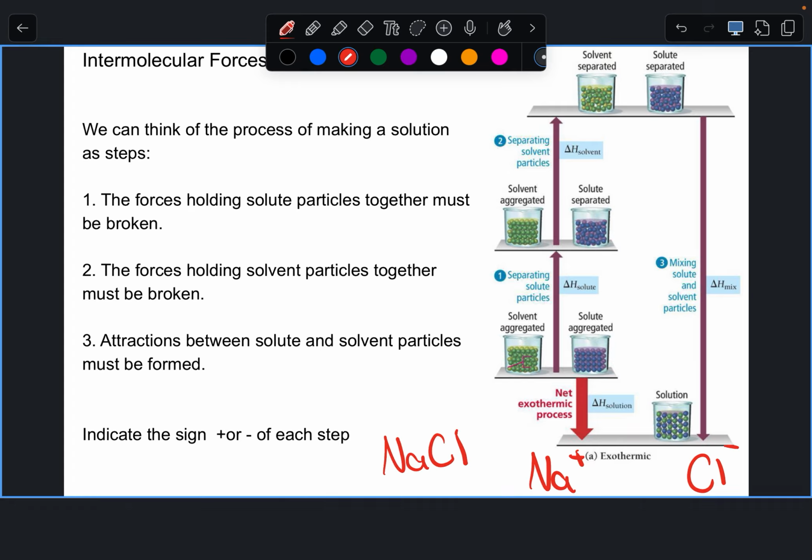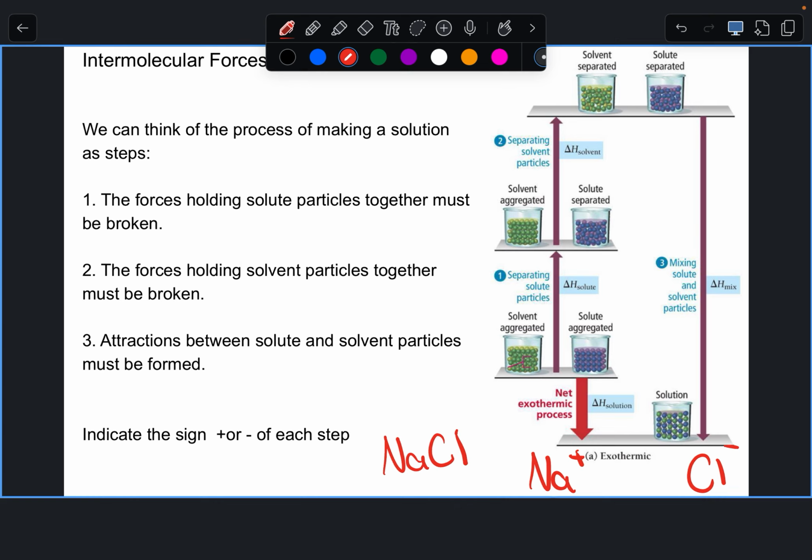Remember, anytime we have two things attracted to each other, and the primary attractions that things have in chemistry is positive and negative, whether that's a nucleus and an electron, or two ions, or two things that have partial charges. It's all about the positive and negative, right? So we have a positive and a negative that are attracted to each other. Think of a strong magnet, and we have to pull them apart. That takes energy, right? So that first step, we have to go up in energy to break apart that solute, the sodium chloride.